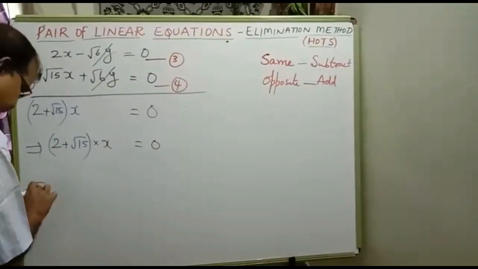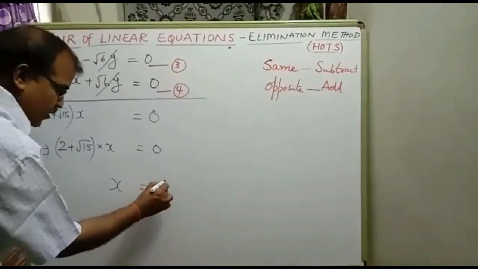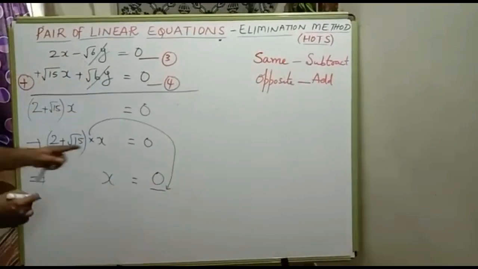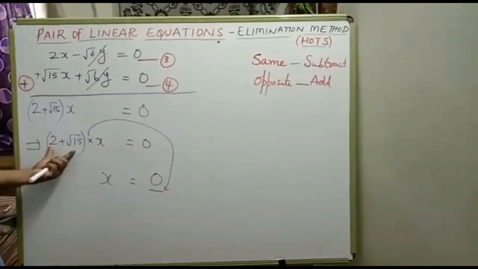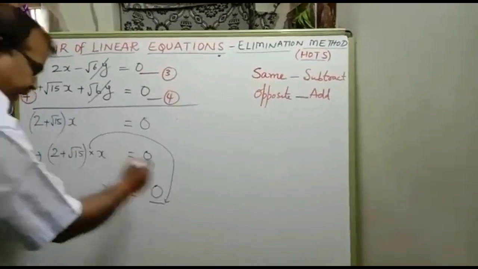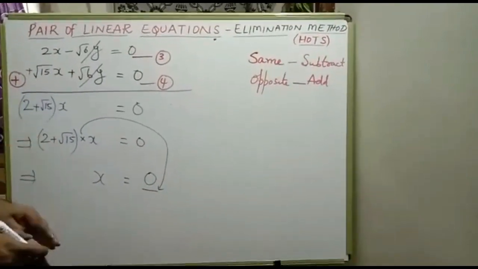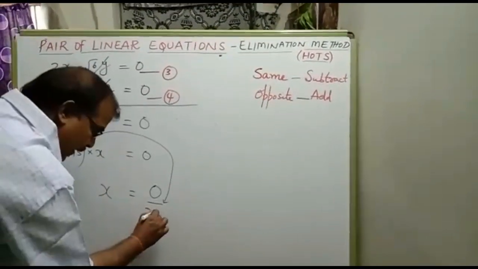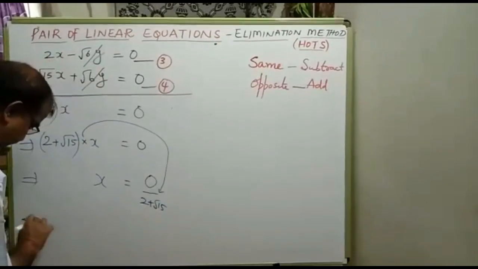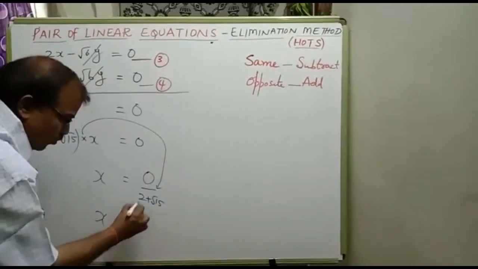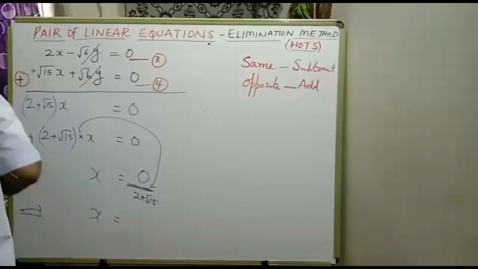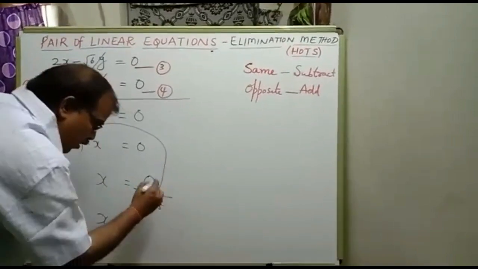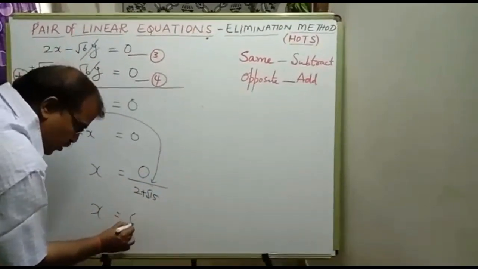That implies x is equal to 0 divided by 2 plus root 15. Transposing, the multiplier is divided by 2 plus root 15. Zero divided by anything is equal to 0.